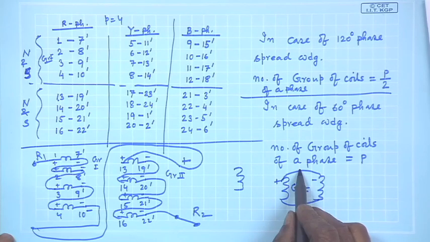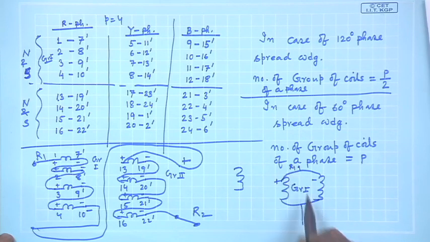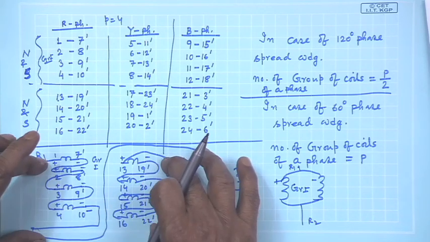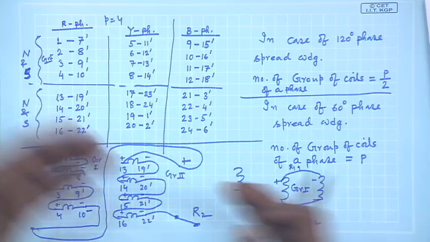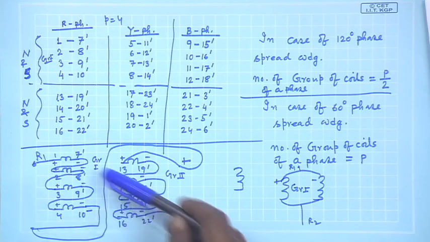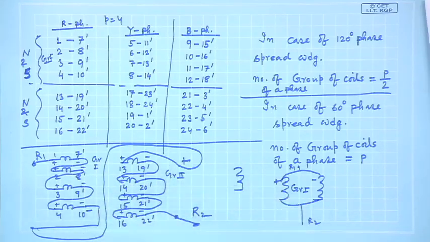And say this is your R 1, this is your R 2. Parallel connection requires that voltages at all times must be same and connect the like terminals, but do not connect plus with minus and minus with plus, then there will be internal short circuit of those two group voltages.